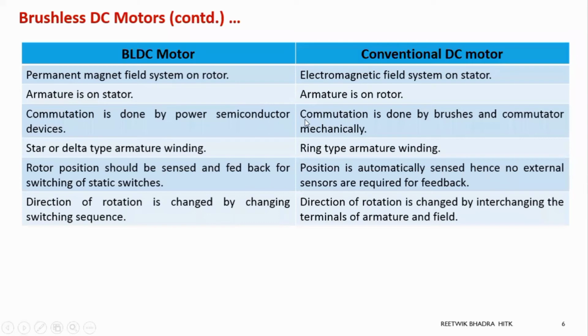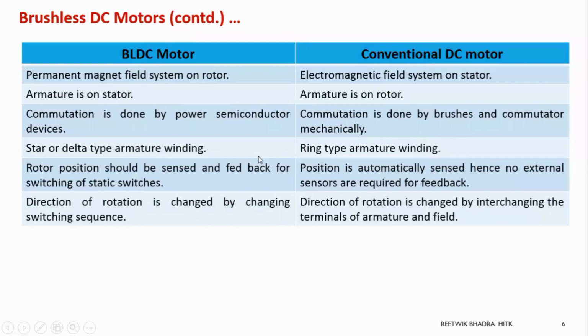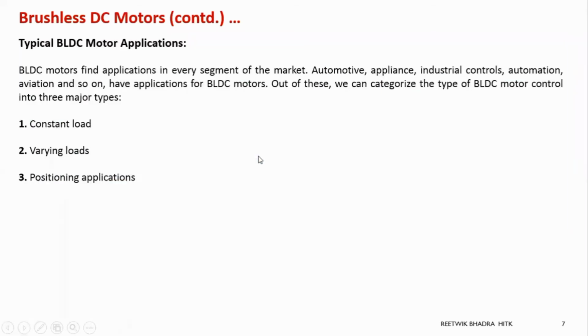Commutation is done by power semiconductor devices in one, and commutation is done by brushes and commutator, mechanical, in the other. I'm not reading it again and again. All these points we have discussed and I have jotted them down over here. We just go through all these points. These are the main differences and these are the advantages over the normal DC or induction motors.